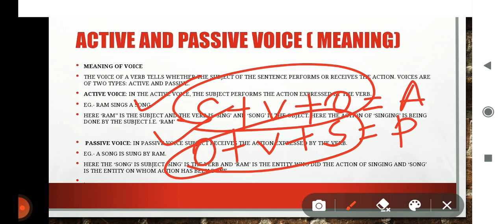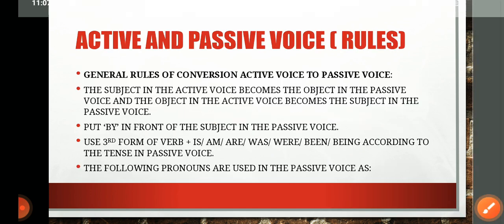In the first example of active voice, Ram sings a song. It means the subject of the entire sentence is performing the action. But in passive voice, the subject comes at last and the object comes first. Alright, so let us move forward.